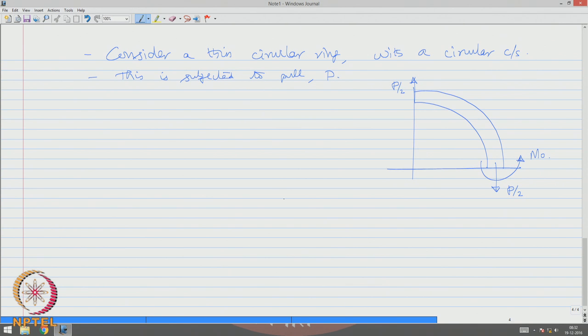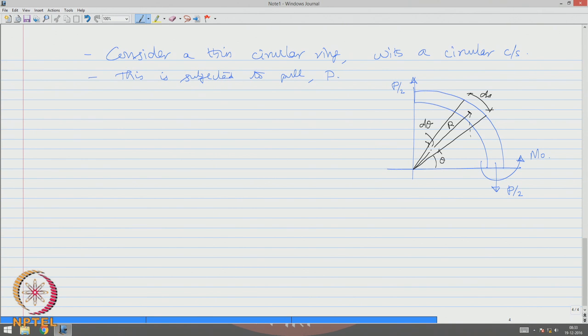Let us take a strip whose length is ds at a radius r, at an angle theta, and the included angle is d theta.